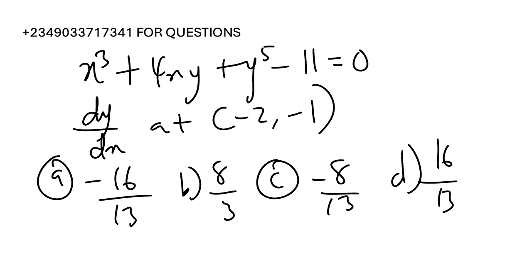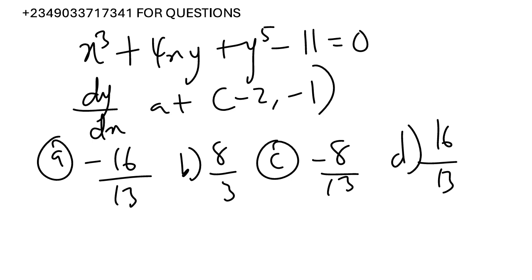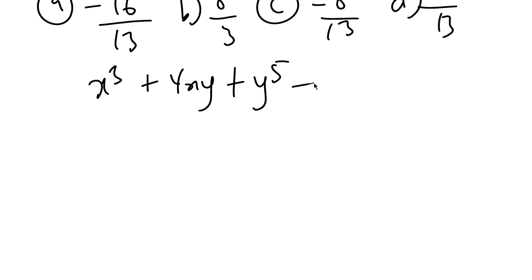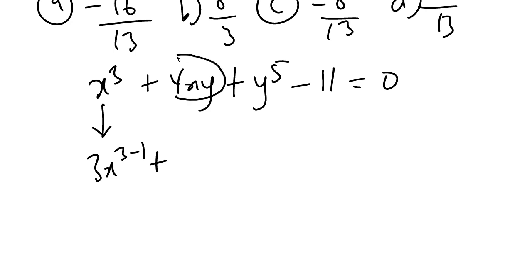So we simply implement implicit differentiation, right? For x to the power 3 plus 4xy plus y to the power 5 minus 11 equal to 0, we start off by differentiating x to the power 3. 3 comes down, so it becomes 3x to the power 3 minus 1. Plus we now have a component which is a mixture of x and y.